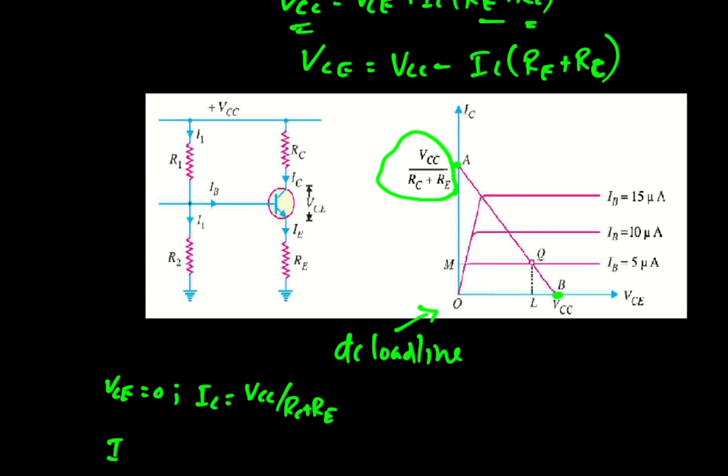So when you put IC equal to 0 in the above equation, we get VCE equal to VCC. This is point B on the diagram. So the two endpoints of the DC load line of a common emitter transistor amplifier are IC equal to VCC by (RC plus RE) and VCE equal to VCC. This is the way we can determine the DC load line.